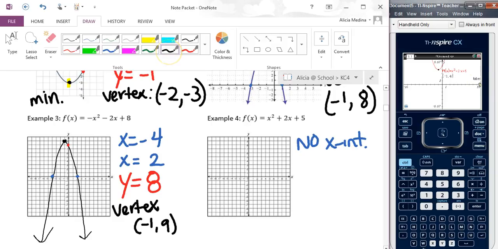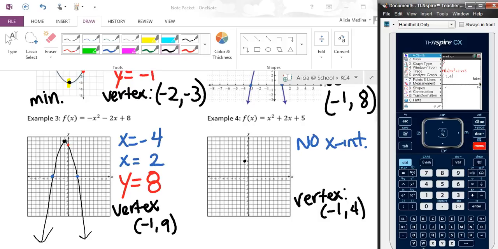Again, these are the same steps as what we were doing before, so there should not be anything new. This would be -1, 4. -1, 4 is right here. It looks like it's intercepting my y-axis at 5, but just to practice that, we're going to go ahead and click menu, go down to number 5 where it says trace, graph trace.